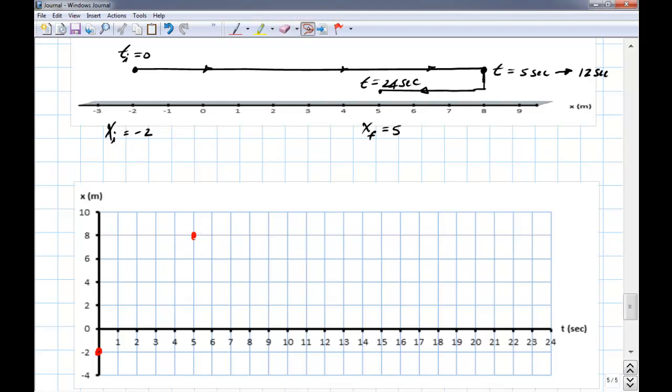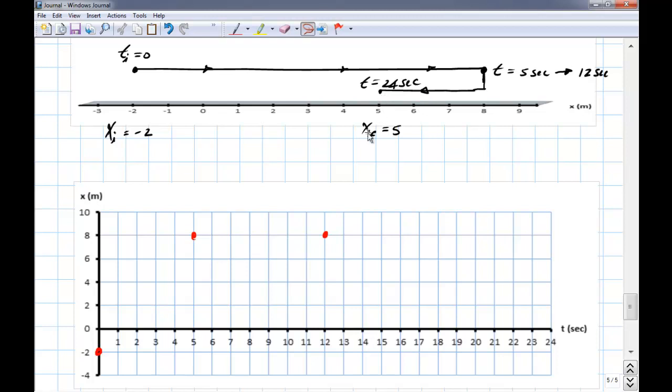Now we are remaining at this location until t equals 12. So we have another point to consider, and that is a position of 8 and a time of 12. If we find that intersection, here's a time of 12, and the same position is holding. And finally, it requires 24 seconds for the entire journey.